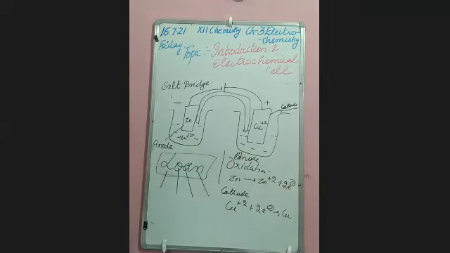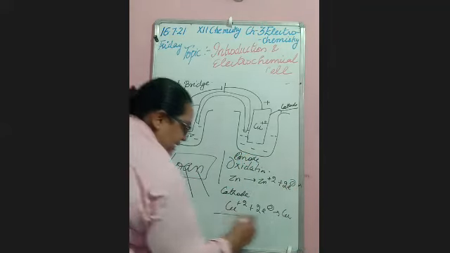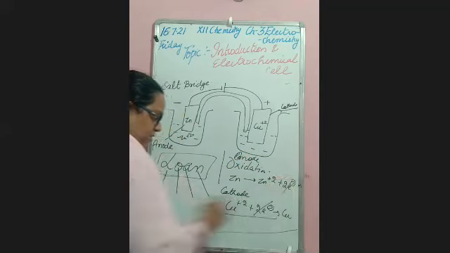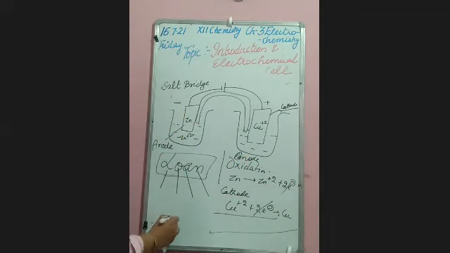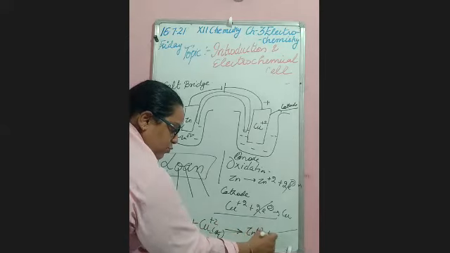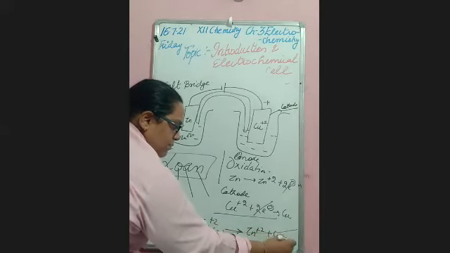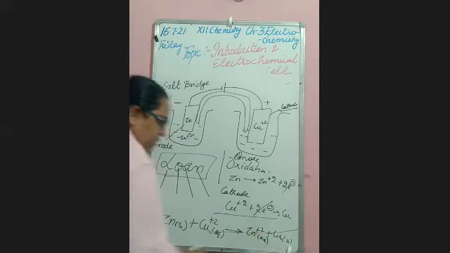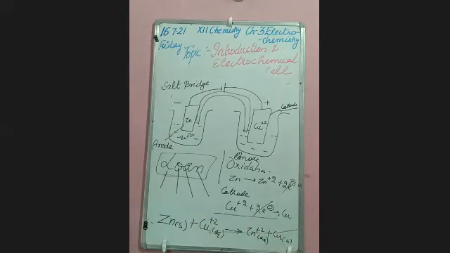So what will be the net reaction? In net reaction, these electrons will cancel out and zinc solid plus copper aqueous will be converted into Zn2+ and copper solid. This is the overall reaction.